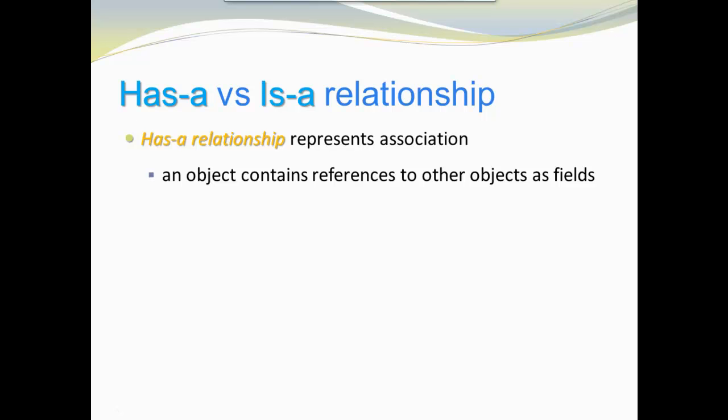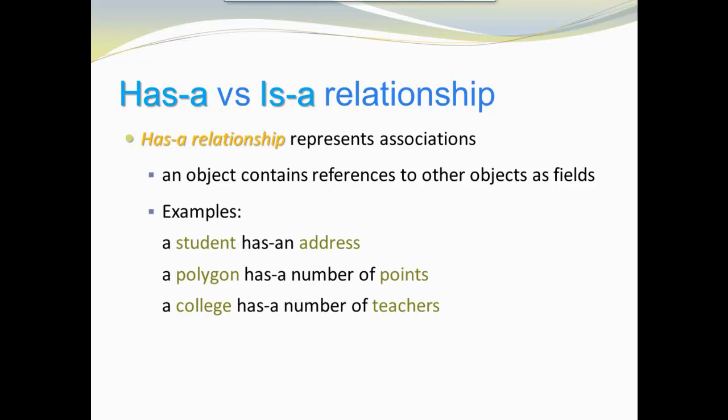Let's have a look at the difference between a has-a and an is-a relationship. A has-a relationship represents an association. An object contains a reference to another object as a field. So here we have some examples.